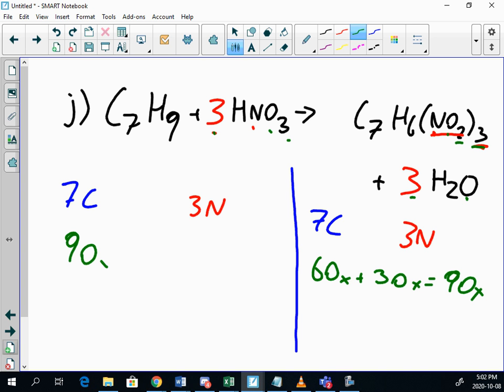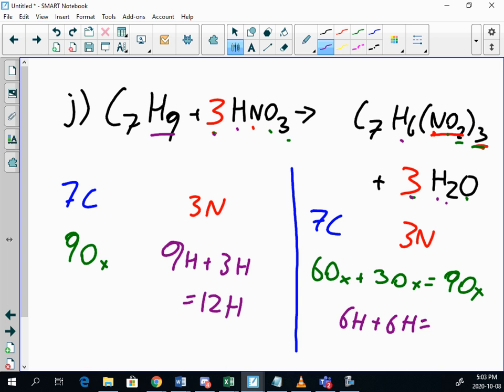And we ended up with a balance. Finally, for my hydrogens, 9 hydrogens here, and 3 groups of hydrogen here, gives me a total of 12 hydrogen. And then 6 hydrogen here, and 3 groups of 2 hydrogen here, gives me a total of 12 hydrogen. So that is the balance for this one.